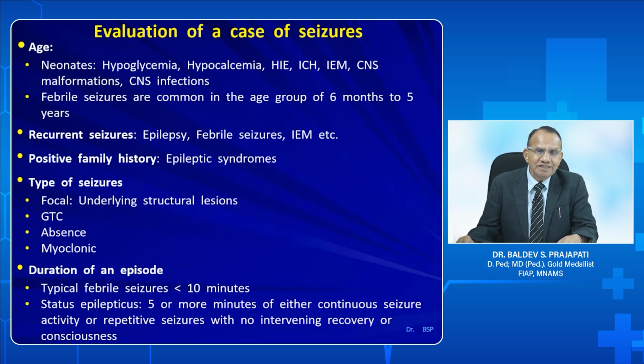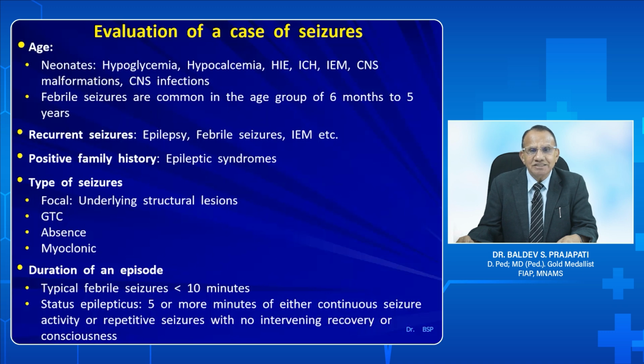Now, once I decide it is a seizure, how can it be evaluated? First, always look at the age of the child. In neonates, the most common causes are hypoglycemia, hypocalcemia, hypoxic ischemic encephalopathy, intracranial hemorrhage, inborn error of metabolism, CNS infections or CNS malformations.